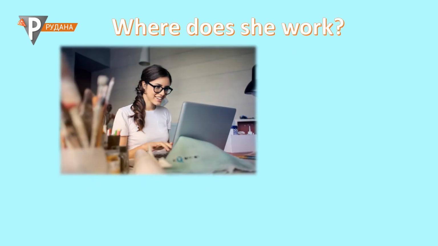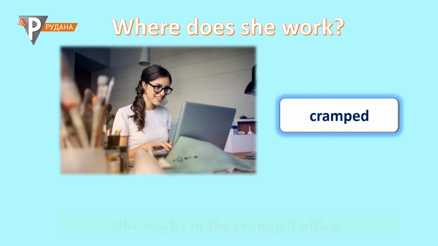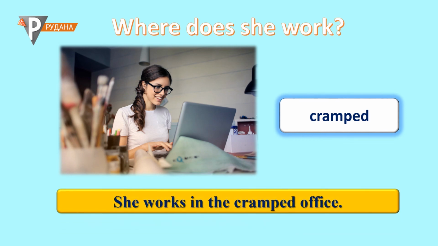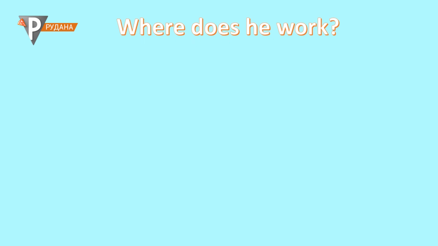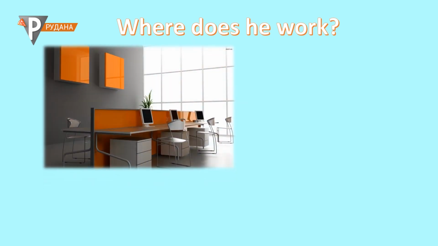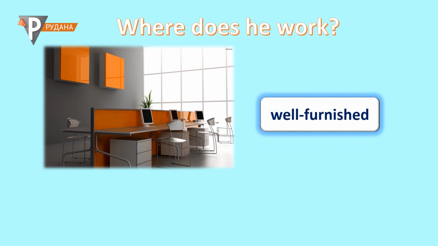How can you describe space around her? We say cramped. She works in the cramped office. So what building or place he works? This place can be described as well furnished. So I can say he works in the well-furnished office.